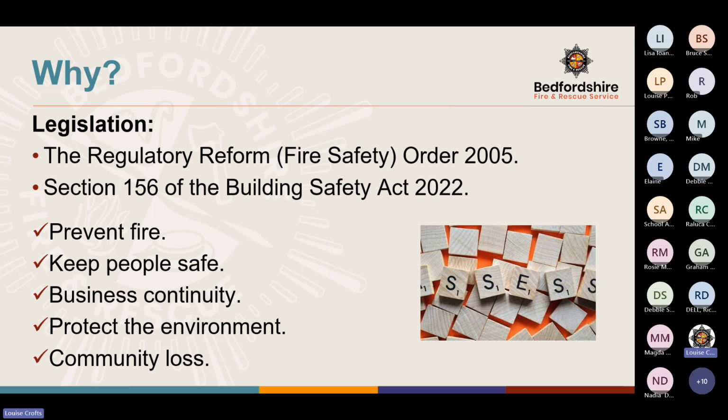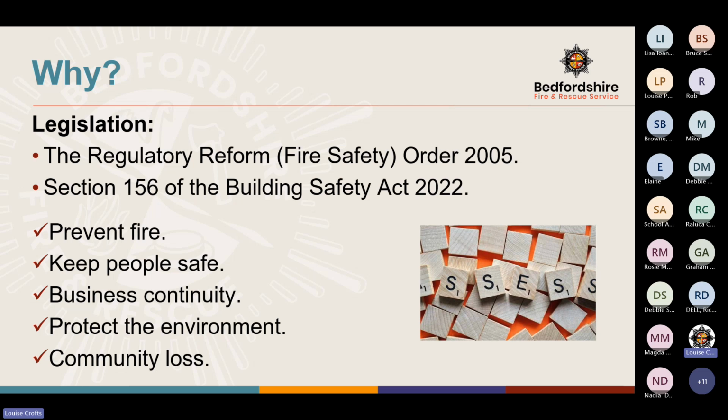Previously, under the Regulatory Reform Fire Safety Order, you only needed to have a written fire risk assessment if you had 5 or more employees, if your premises was licensed, or there was an alterations notice in force on the premises.